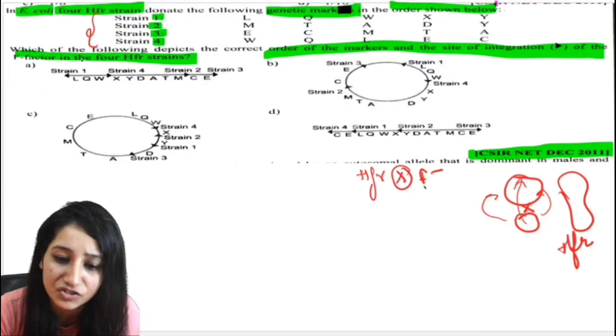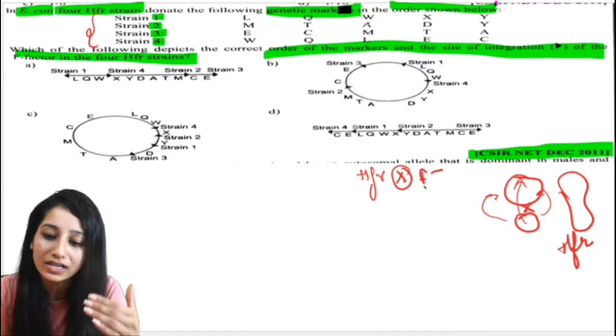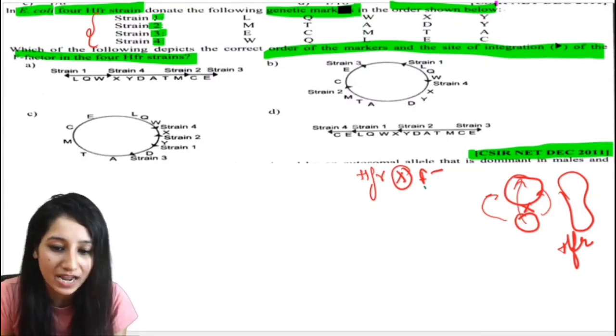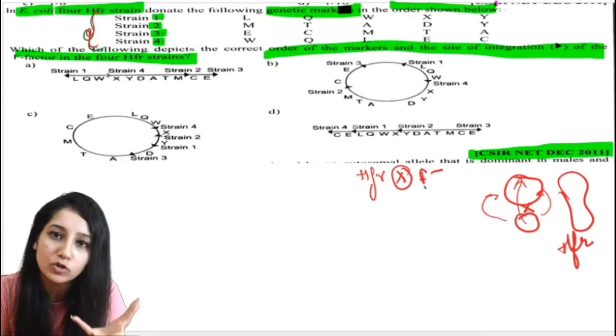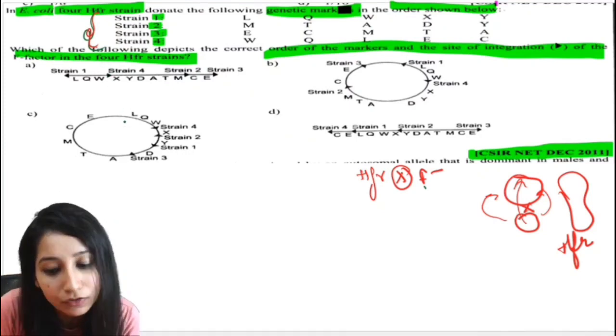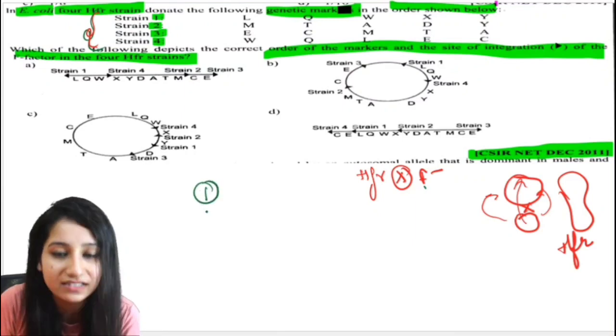For the gene mapping, first of all we will see what similar genes are present, because these 4 are the genes of one chromosome only. You will understand it one by one. First, see in what sequence the first strain has delivered the genes.